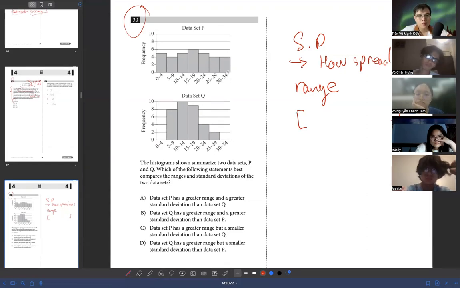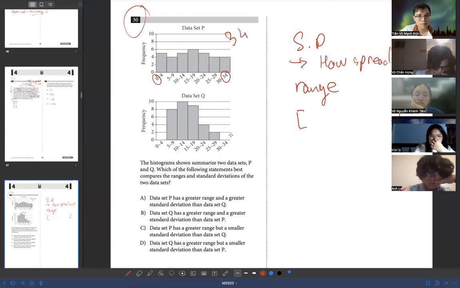So you take the largest, which is 34, and you subtract 0. So it's 34, right? And this one is 24. You take the largest possible number and subtract 0, 24, right?